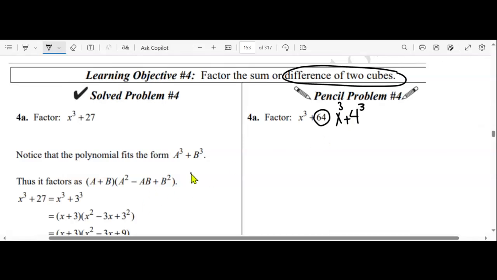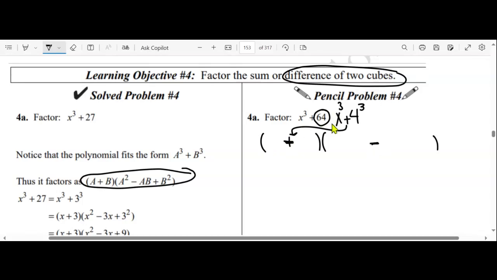According to the formula, how do we factor the sum of 2 cubes? We have a small one and a big one, right? The sign here is going to be the same, but here it is going to be minus.